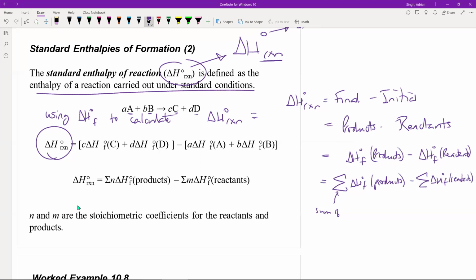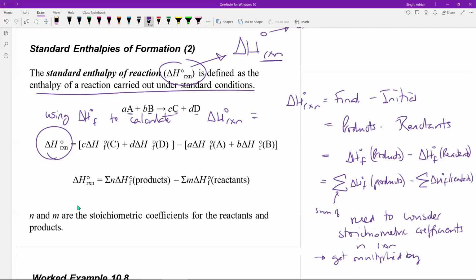And we also need to consider stoichiometry, specifically the stoichiometric coefficients in the reaction. So these get multiplied by the delta H's of formation for each reactant or product.